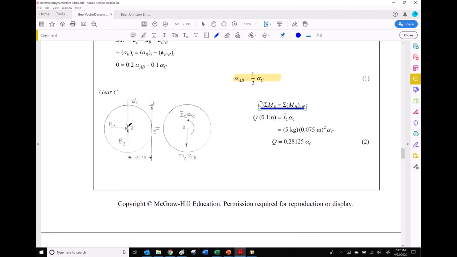But the only thing when we're taking it about this point right here is going to be what they decided to call Q, times this distance right here.